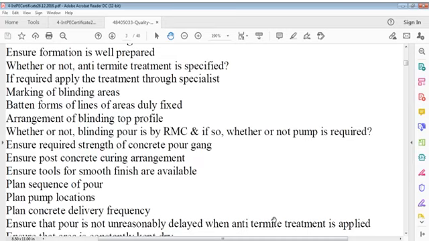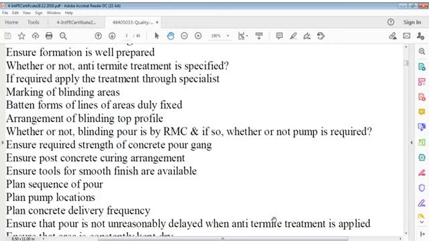Marking of blinding areas: battens forming lines of areas duly fixed. At the bottom, this is formation level, very small, it may be 50 mm, 75 mm, not more than 100 mm maximum. Generally 75 mm.